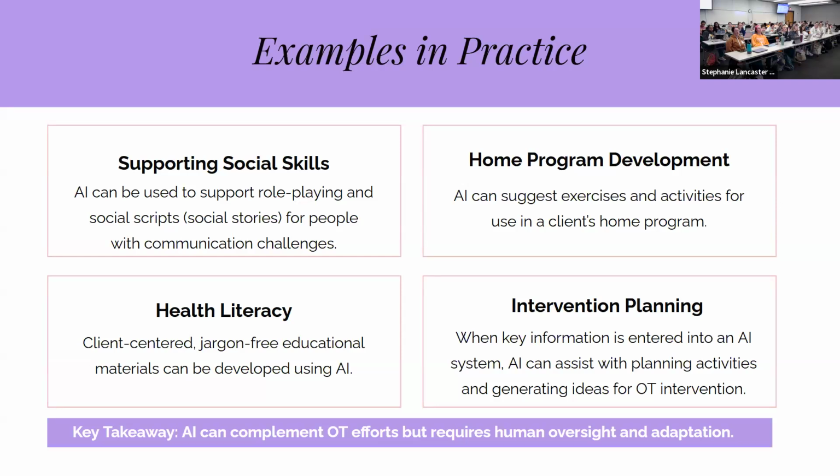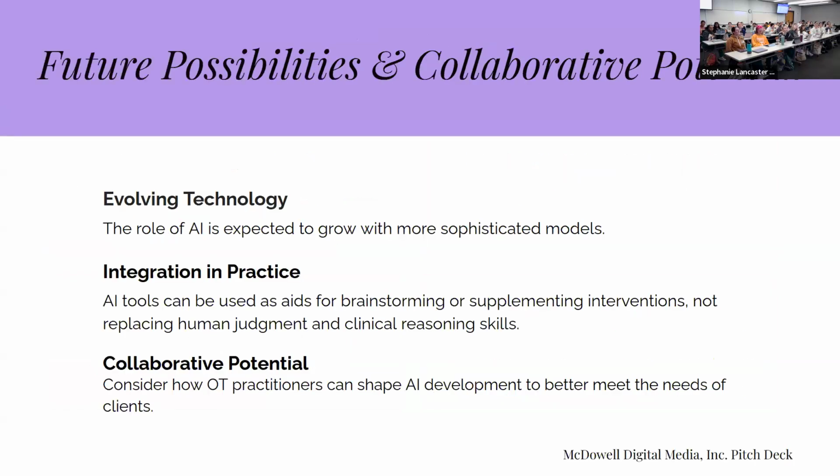So in purple at the bottom, the key takeaway is AI can complement OT efforts, but requires human oversight and adaptation. We never just want to take it at its word and put that out there as fact and as being person-centered and evidence-based when we haven't done the work.